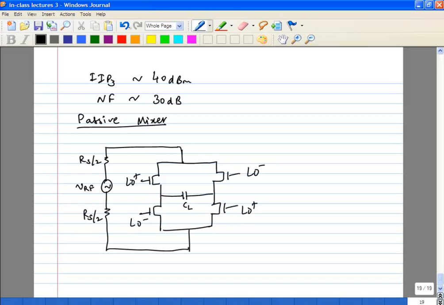If you look at the first half cycle, this guy is conducting and this guy is conducting. What is Vout? This guy conducts, you get plus VRF here, minus VRF here.